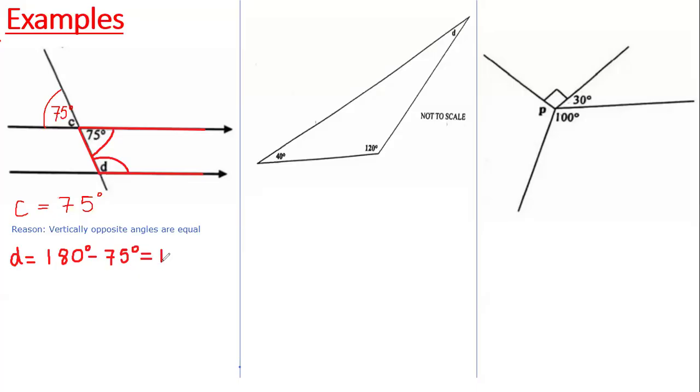I got 105 as well. So that is correct. And the reason is co-interior angles add up to 180. Cool.